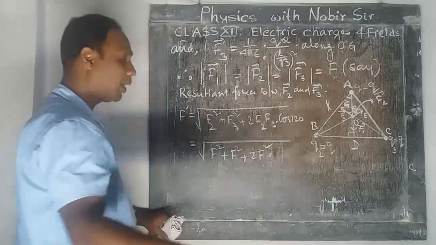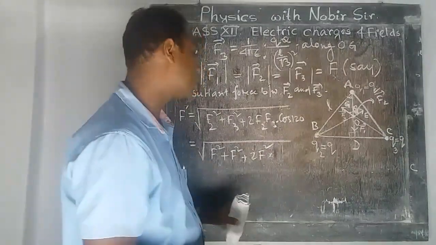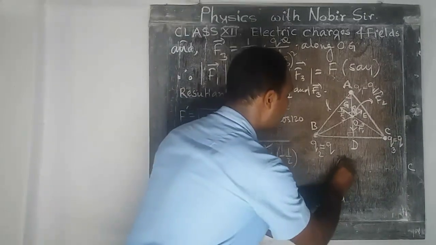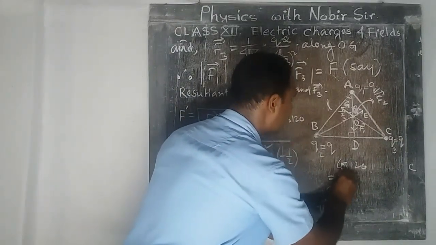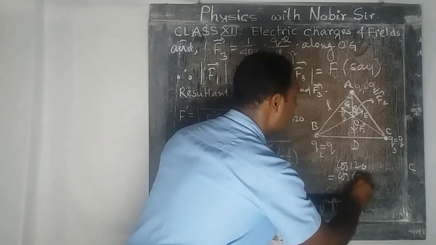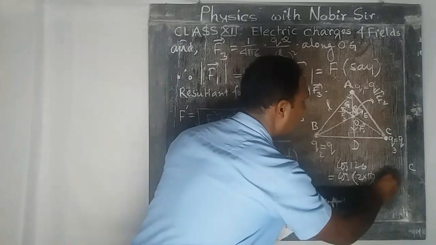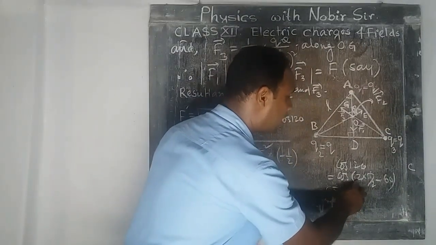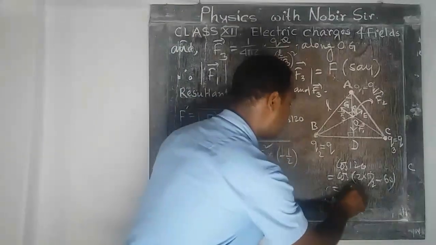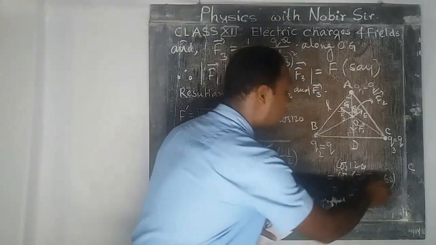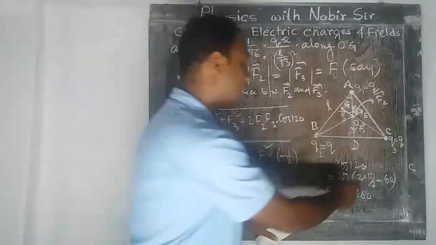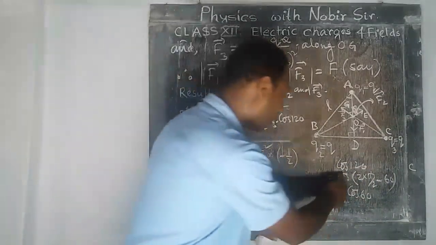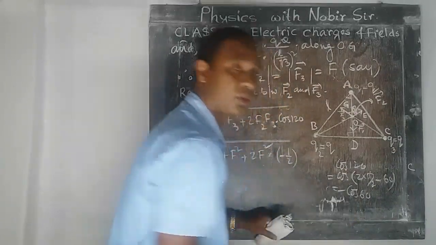Cos 120 means cos minus half, because cos 120 degree we can write as cos of 2 into 90 minus 60 degree. Now it is in which quadrant? It is the second quadrant. In the second quadrant only sine is positive, so cos is negative. Cos 60 means half, so it is minus half.